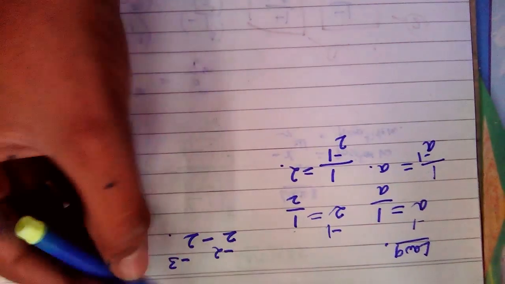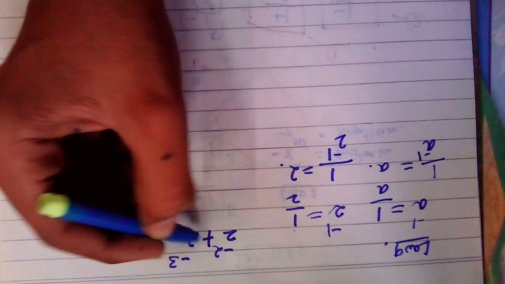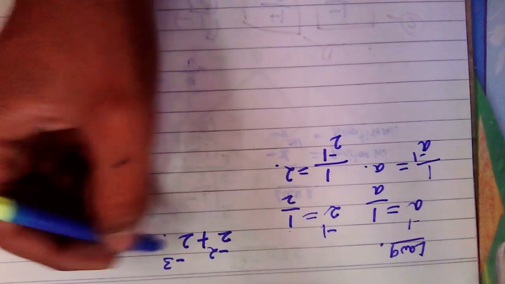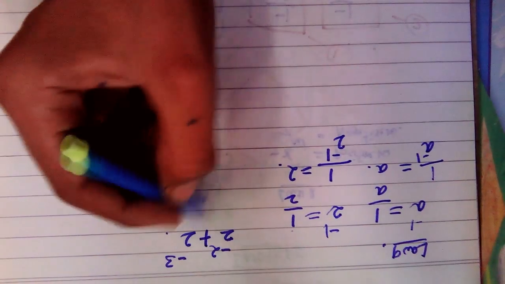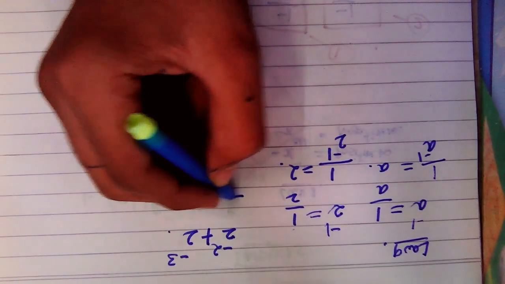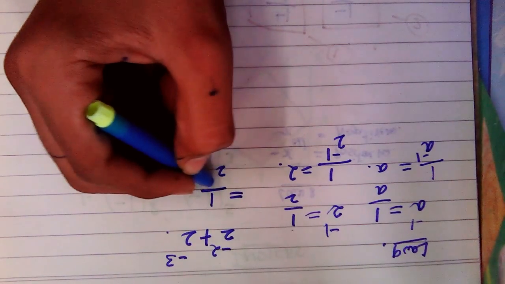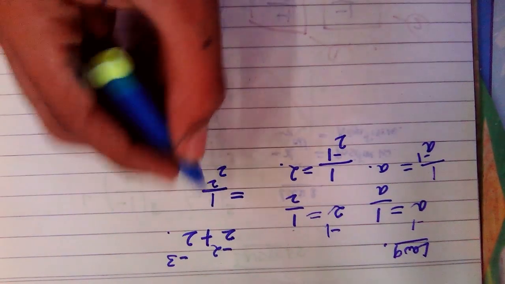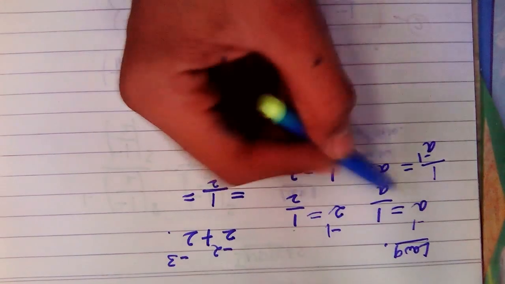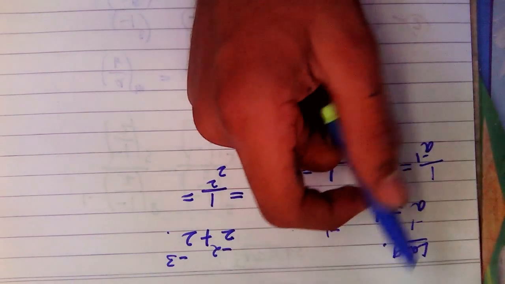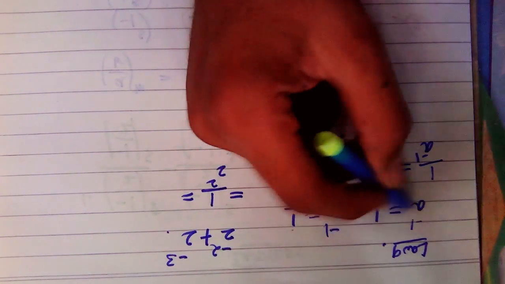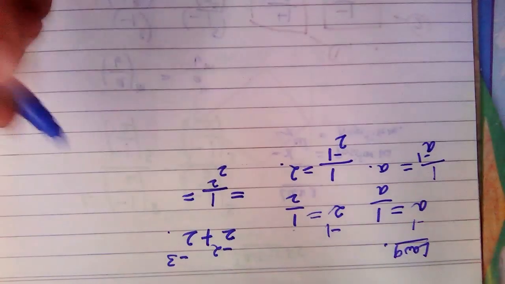So this will be plus. We are ended. Now 2 to the power of minus 2 will be nothing but 1 by 2 to the power of 2, which will be equal to, as here I have only given you for minus 1, but it's applicable till infinite.